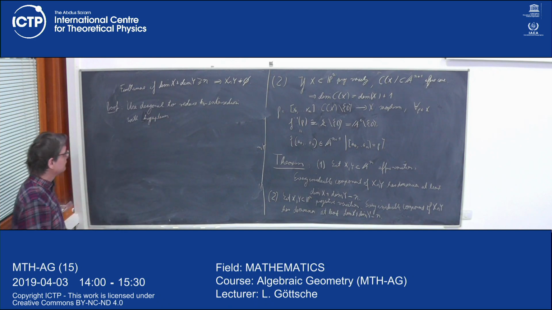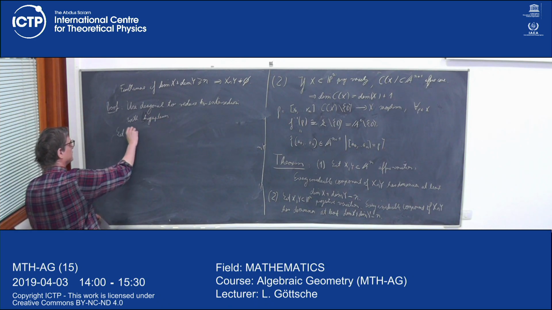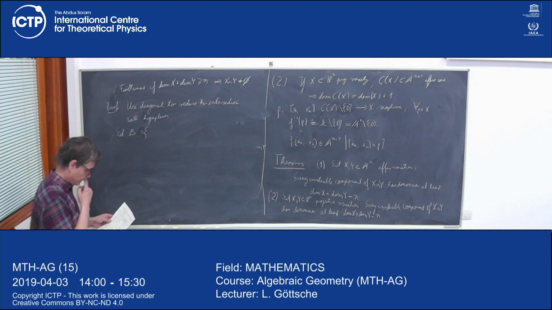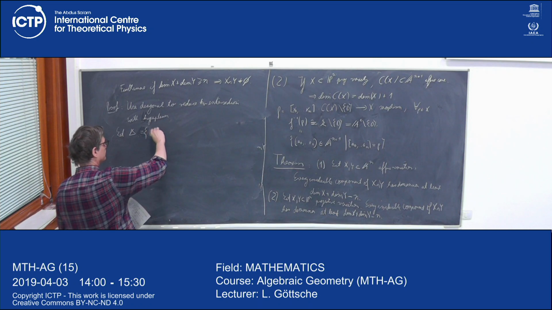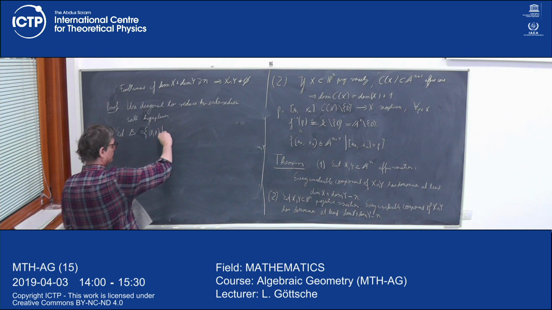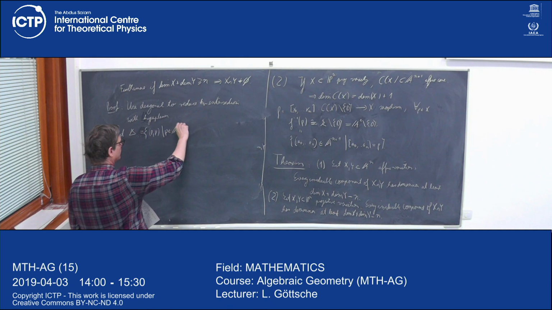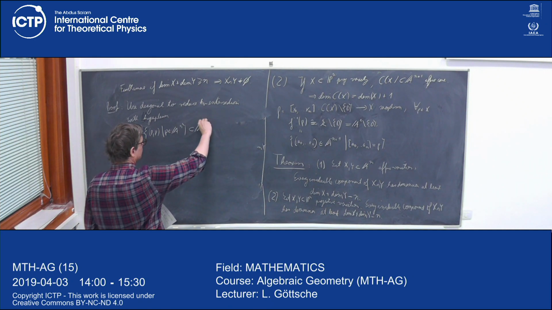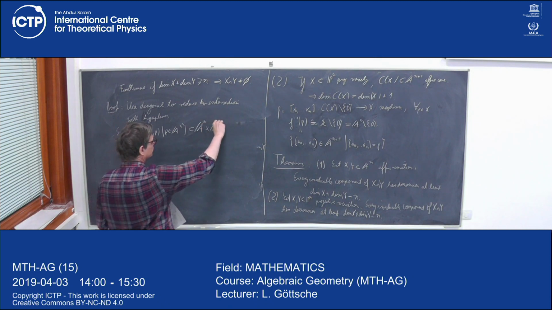So let's look at it. Remember, we can look at the diagonal, which is the set of all (P, P) in A^n times A^n, which is A^2n.